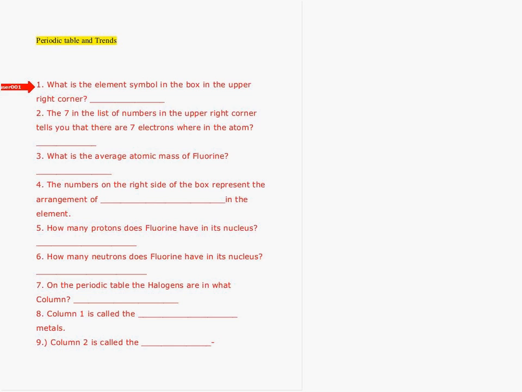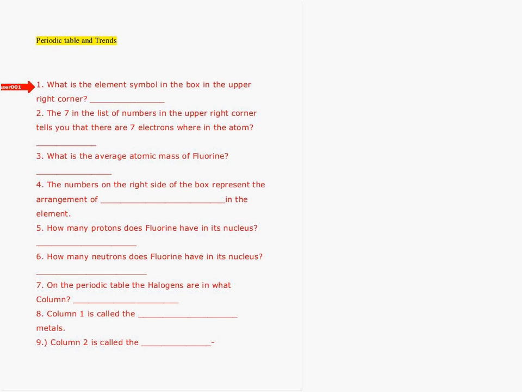Okay. So the first question we have is: what is this element symbol in the box in the upper right corner?